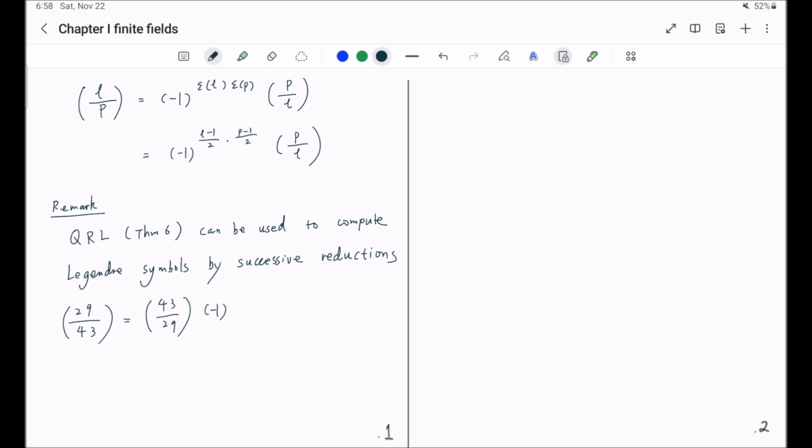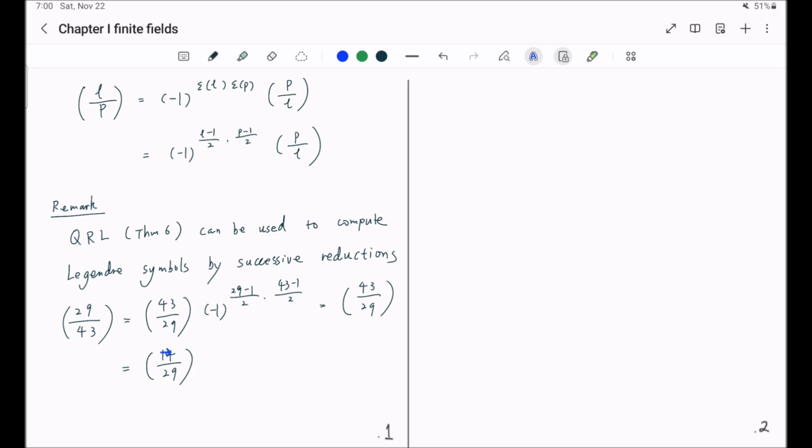I know there's a factor -1 raised to the power 29 minus 1 divided by 2 times 43 minus 1 divided by 2. And this is 14, so this term is just 1. So this is just equal to 43 over 29. And let's continue. Now 43 is bigger than 29. We can reduce this by subtracting a 29 from the numerator. So this is equal to 14 over 29.